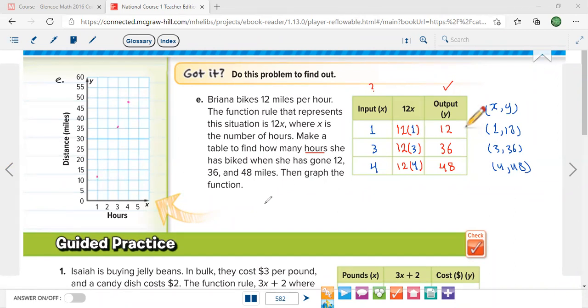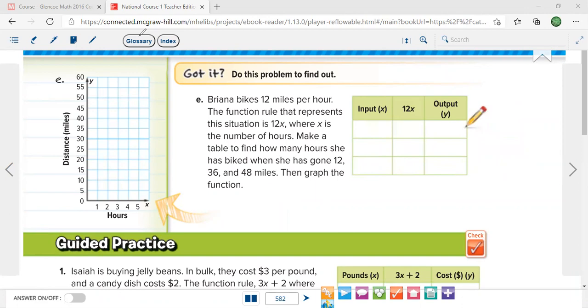This is the graph of the function. Moving on.